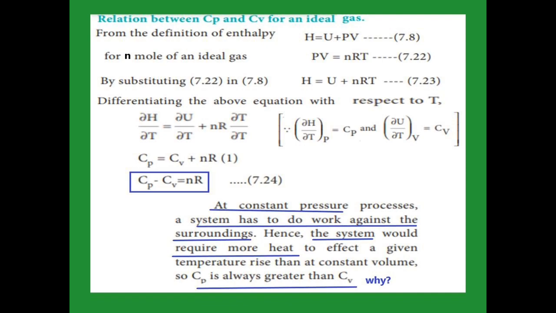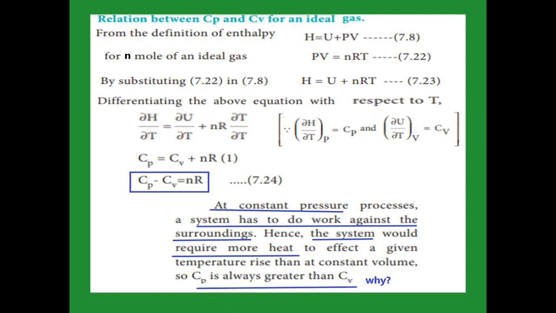The dou T cancels and we get one. The dou H by dou T is the Cp value, as we have seen in the previous slide, and dou U by dou T is called Cv, plus nR. Now the Cv value goes to the left hand side, so Cp minus Cv equals nR. This is the relationship between Cp and Cv.